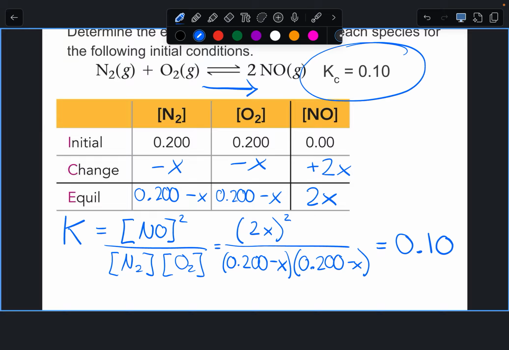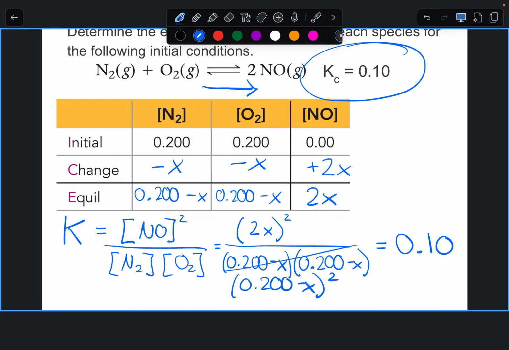Okay, so the trick here is to recognize that these two are the same thing. And so I actually could rewrite that as 0.200 minus x squared. So if I have a squared on top and a squared on bottom, I can just take the square root of both sides to get rid of that square.